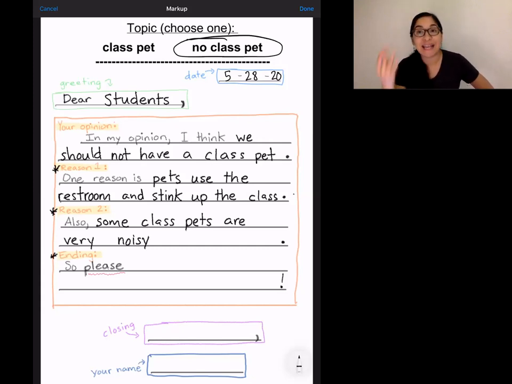And the way I'm going to end it is I'm going to remind the reader what my opinion is. I'm going to tell them again how I feel so that they don't forget. Okay.